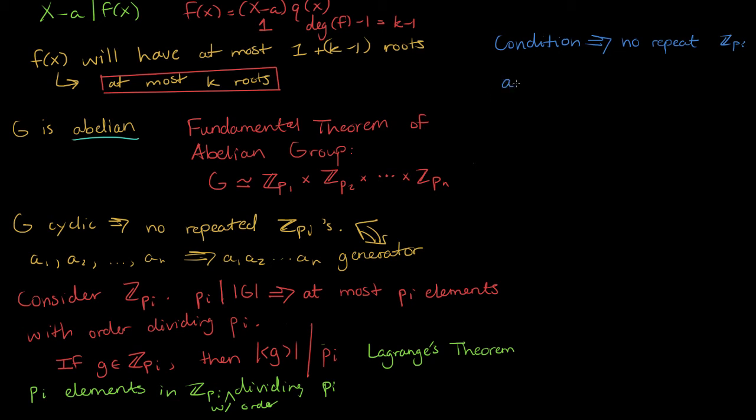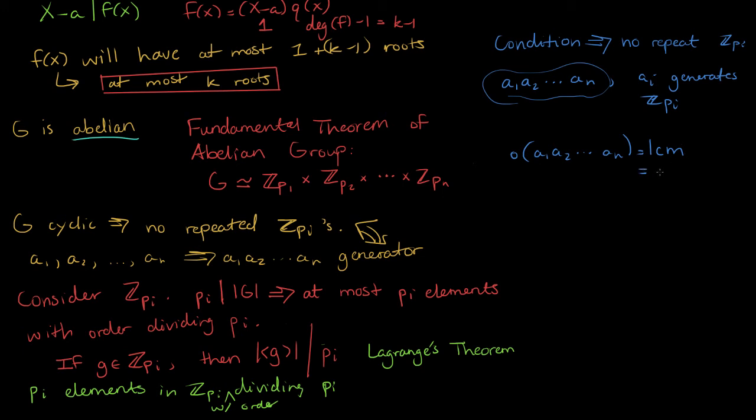If we take the product of all their generators, where a_i generates C_{p_i}, then the order of this product in G is going to equal the least common multiple of the orders of all of them, and the least common multiple of that is going to be the product of all the primes, and the product of all the primes is the order of G.